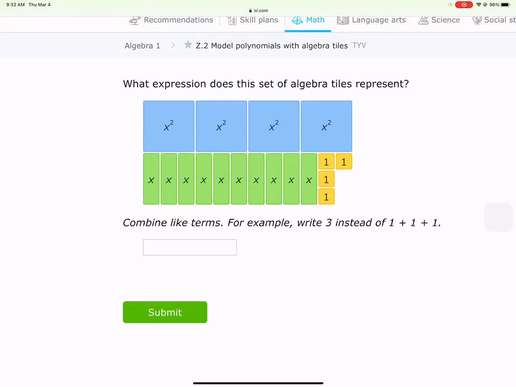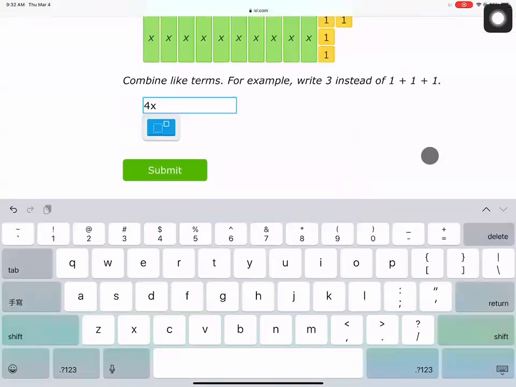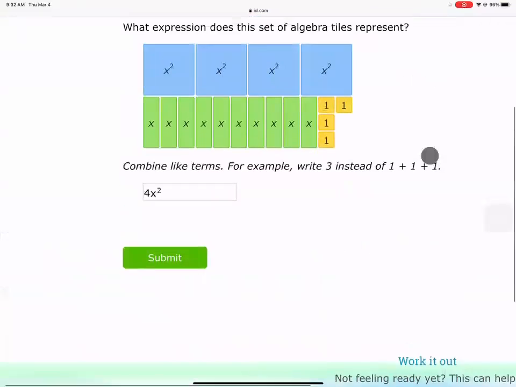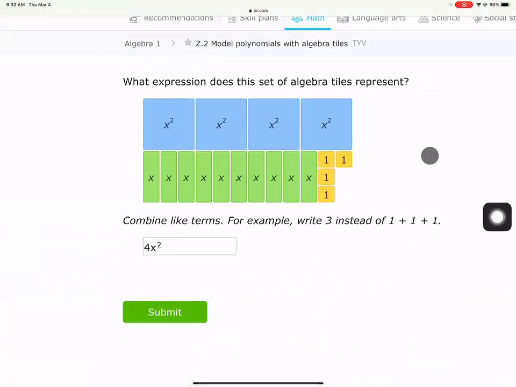All right, let's see. How many x squares do we have? I'm looking here, I'm seeing we have 1, 2, 3, 4 x squares. Okay, so I'm going to type here 4x squared. All right. How many x's do we have? We have 1, 2, 3, 4, 5, 6, 7, 8, 9, 10.